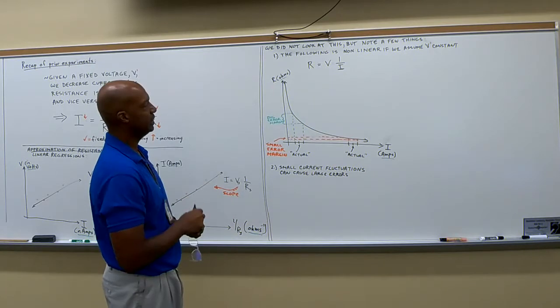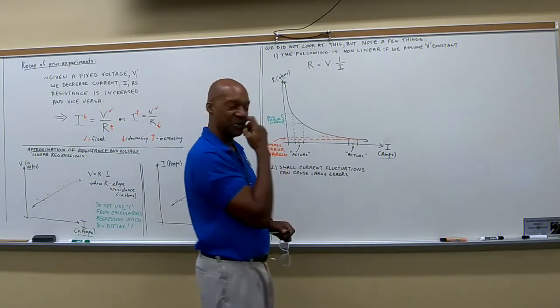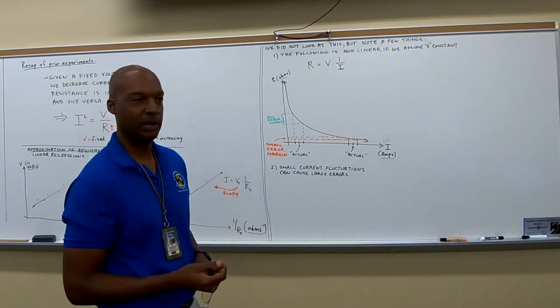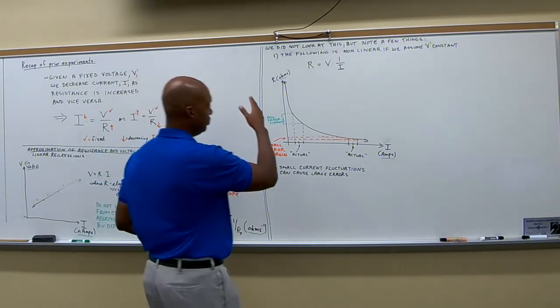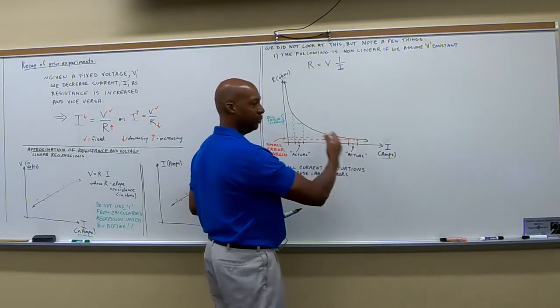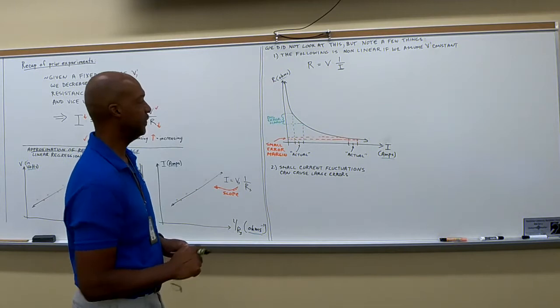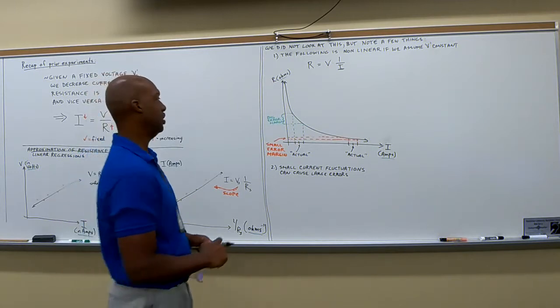In a situation like this, it is a nonlinear graph, so you won't see a constant slope here. For those of you taking calculus, you'll be able to figure out the slope depending on where you are on the graph by taking the derivative at a specific point, but that's not what we're trying to do here.